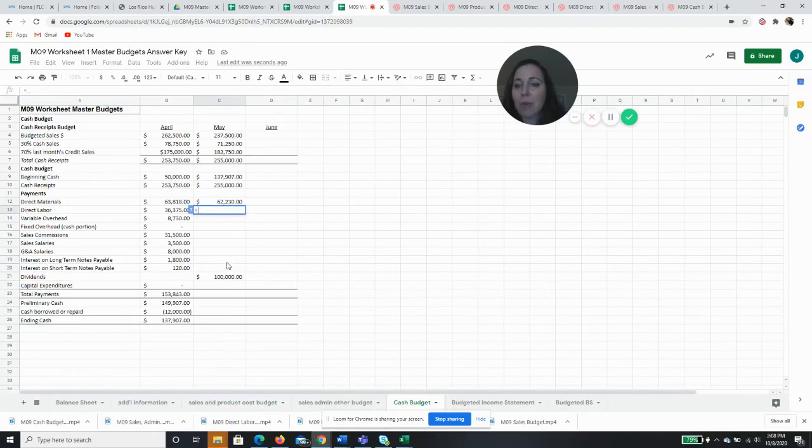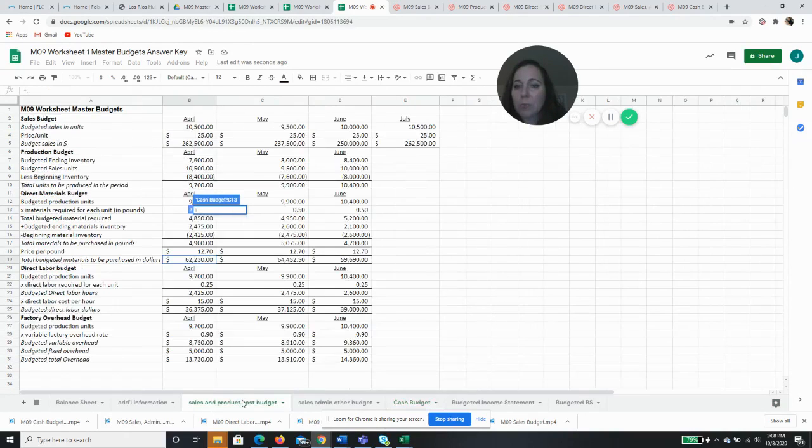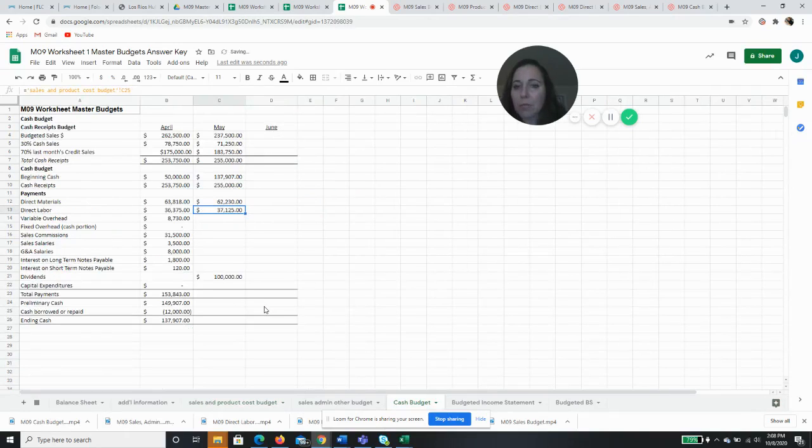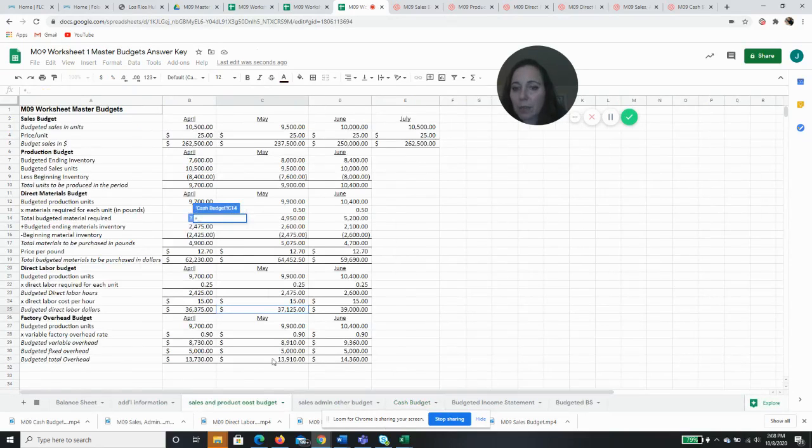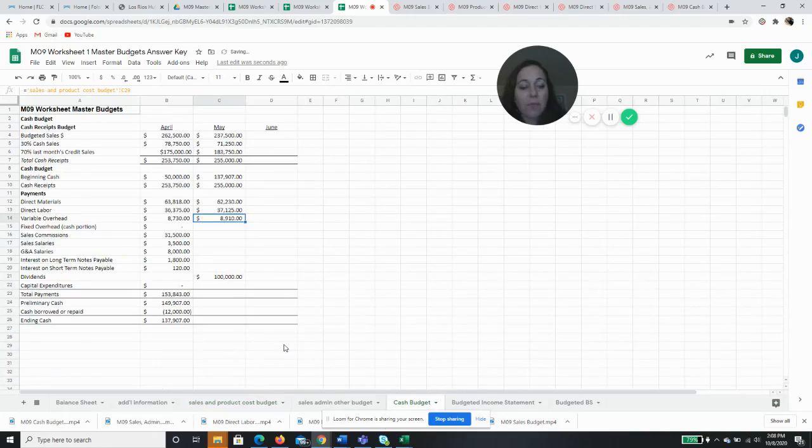Okay, direct labor, we're going to pay it in the month that we incurred it. So I'll go to my direct labor budget and put the May amount of $37,125 in. My variable overhead is going to be the May amount of $8,910. Our fixed overhead is still just depreciation, so that's zero because depreciation is a non-cash expense.